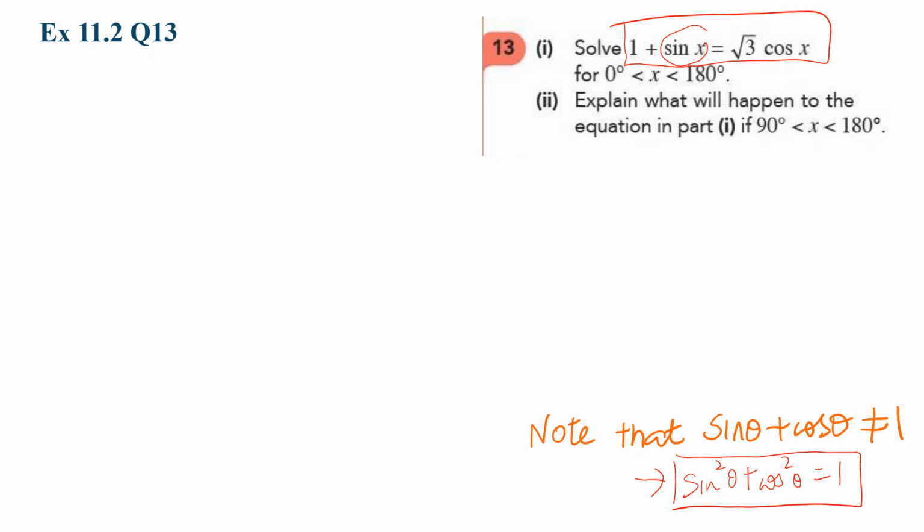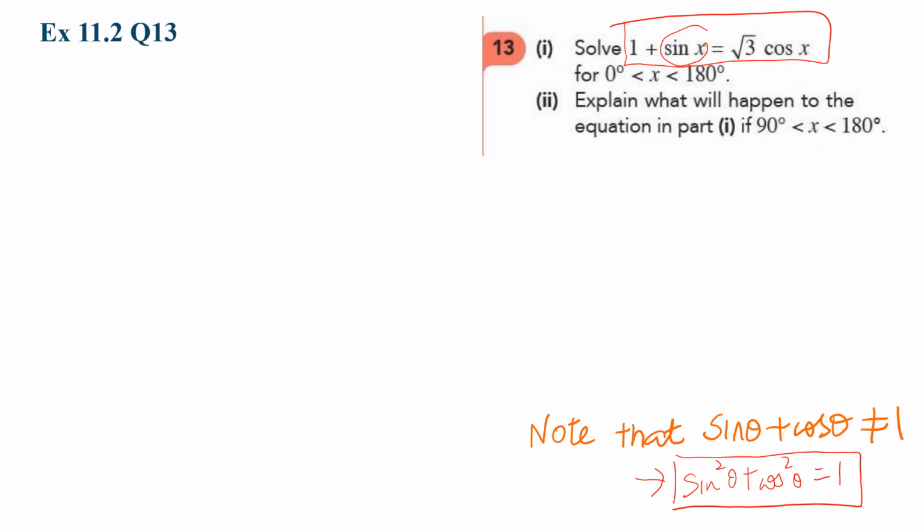And if you just invent your own, taking sine theta plus cos theta equals 1, then the whole question will be marked wrong because your concept is wrong. So I need to emphasize again that sine theta plus cos theta is not equal to 1.